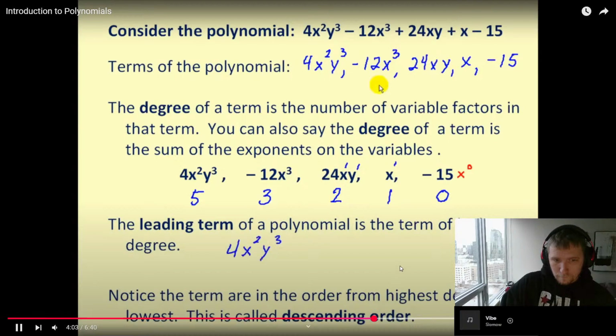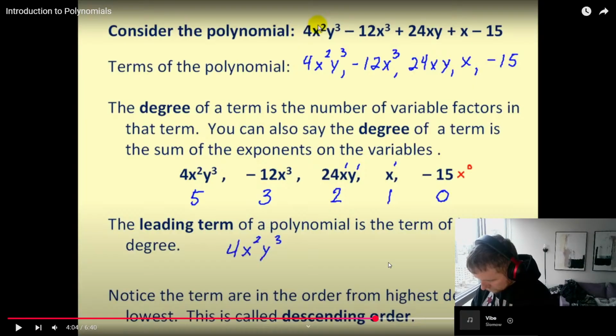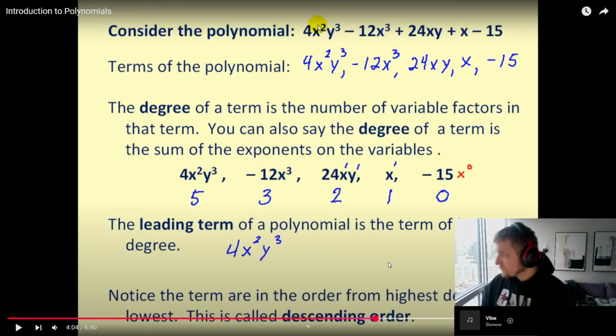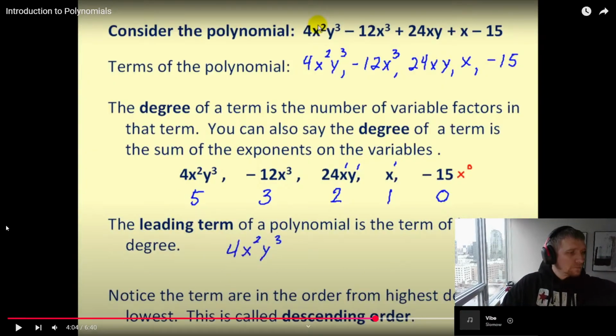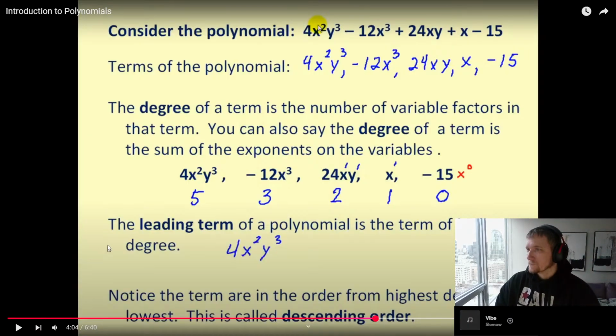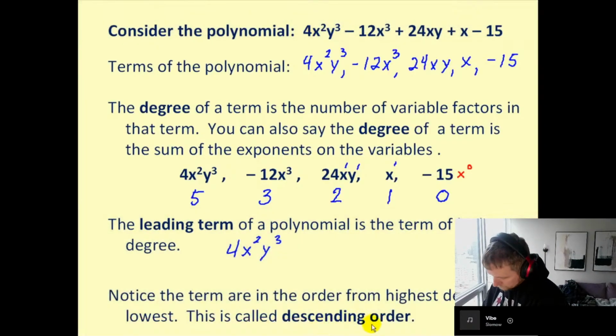Considering the same term, notice the terms are in order from highest degree to lowest degree, and this is called descending order.